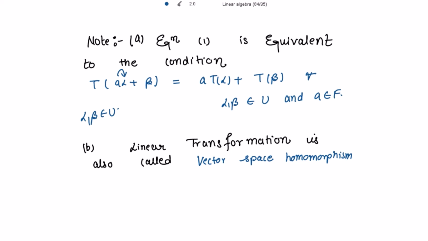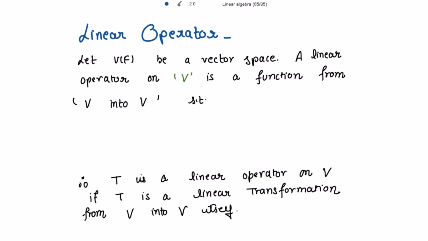Now let's move on to the linear operator. What is a linear operator? Let V(F) be a vector space.